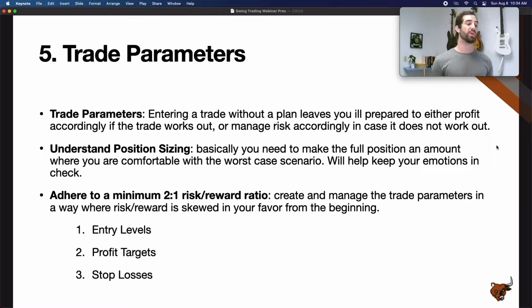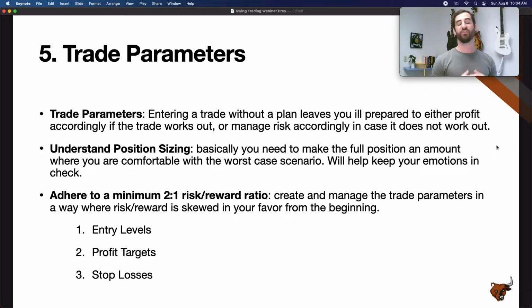The way I would recommend doing this is to work your way backward and ask, what would my full position need to be for my worst case scenario to come out to a $20 loss?